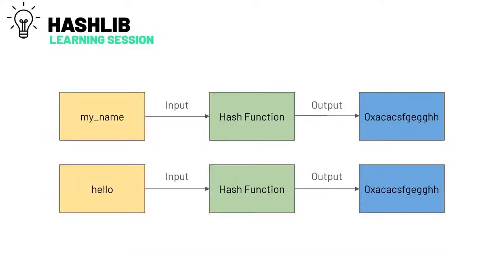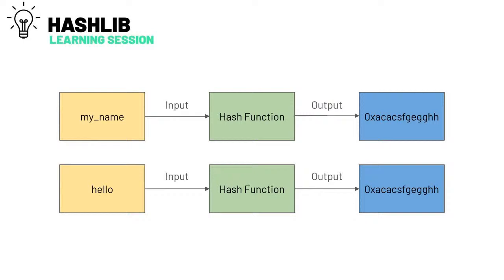Okay, so this is what it's basically saying within the hashlib, what we've already looked at. We have the input, which would be your name. Then we'd have the hash function. Again, we might be using MD5, we might be using SHA-256, and then the output would be a whole bunch of random letters or numbers. In the example underneath, we've got hello.